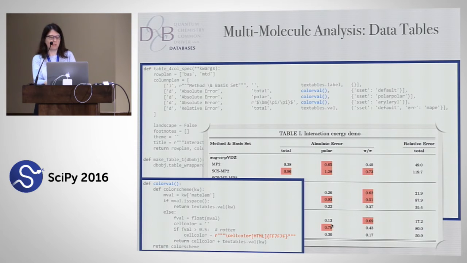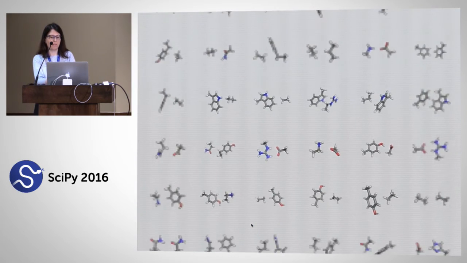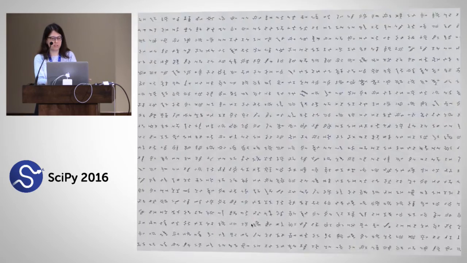So database analysis tools like these have enabled us to readily deal with far greater quantities of data. In a particular subfield of chemistry, this is the most popular chemical database. It has 22 members. But with tools like we have, we can deal with far larger systems.